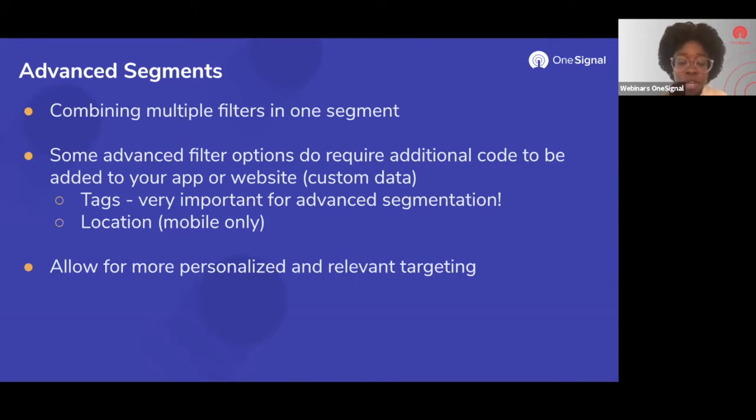We do provide good documentation on this, so we won't get too in depth on tags, but we'll show you how these tags are going to be crucial to creating advanced segments. And after you have added the code, this will allow you to provide more personalized and relevant targeting with your messages, which is what we would like to stress here today.